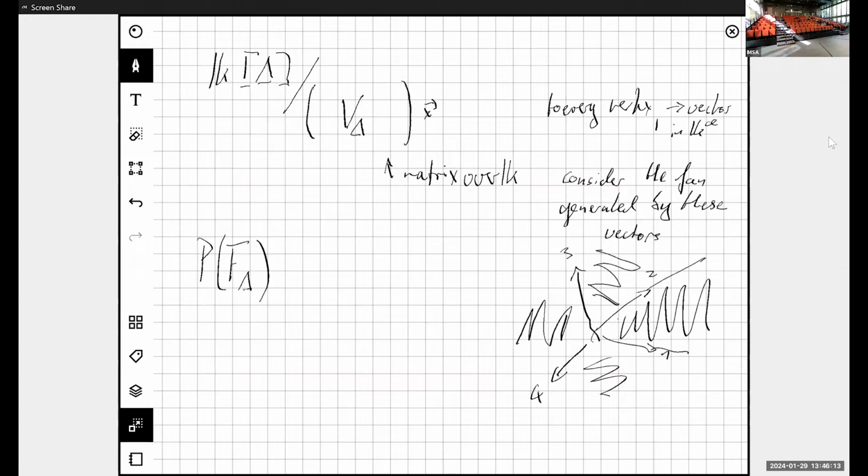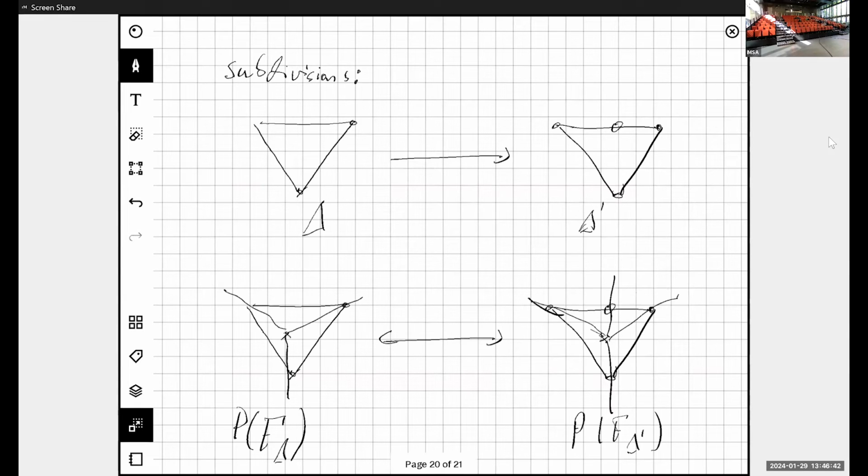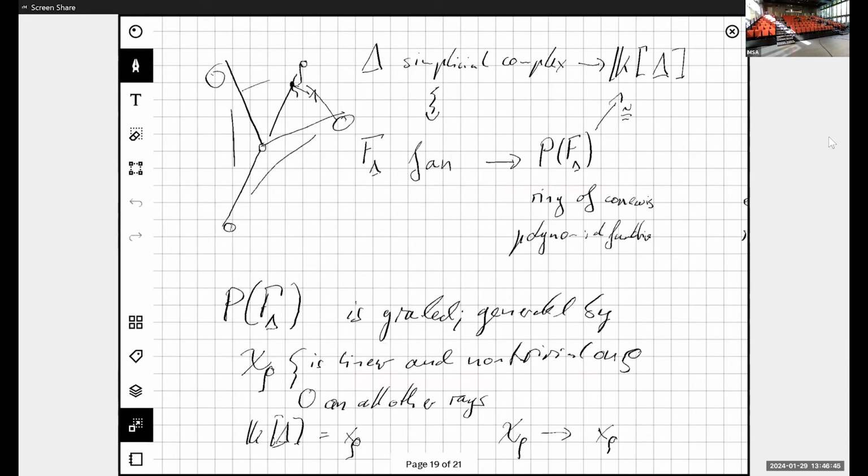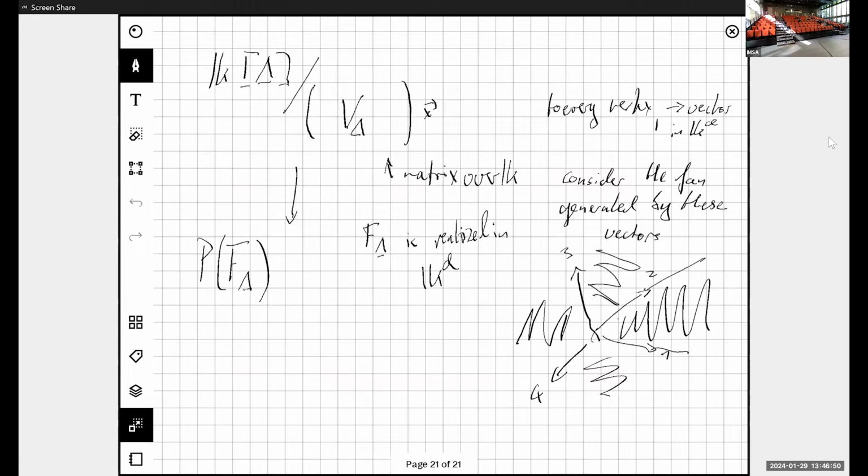So this leads to F delta, which is realized in K to the D. And now you remember that I magically associated a slide or two ago this point where I attained the value 1, that is exactly this coordinate for the vector.